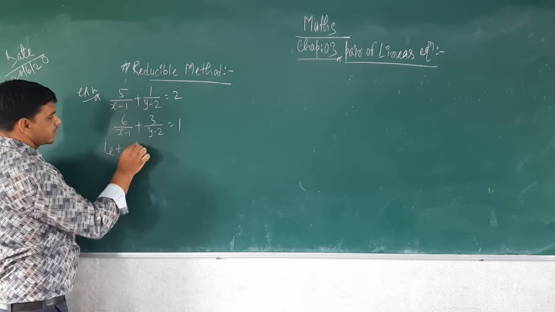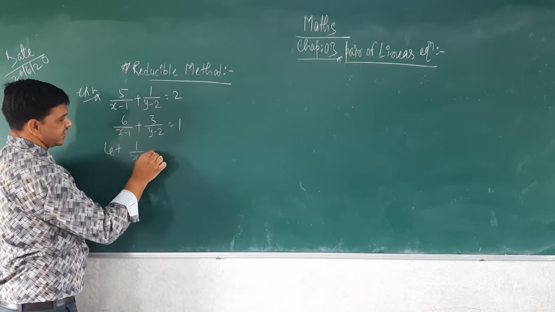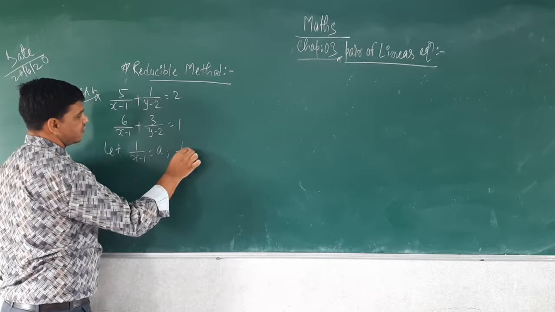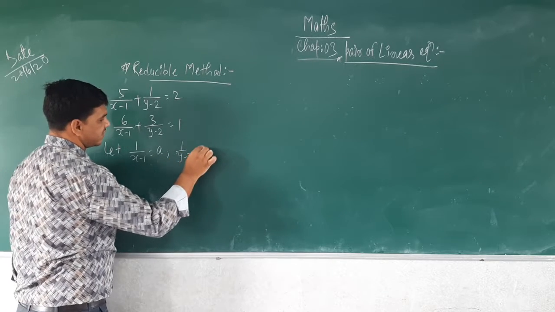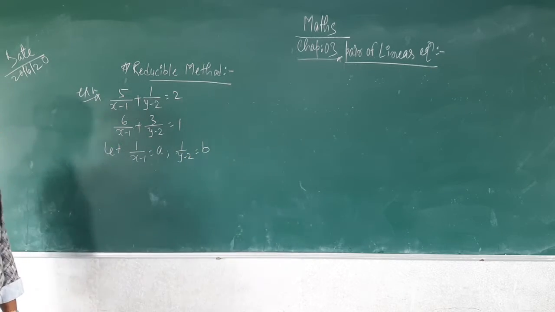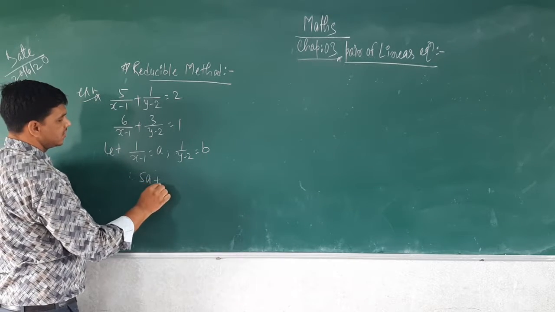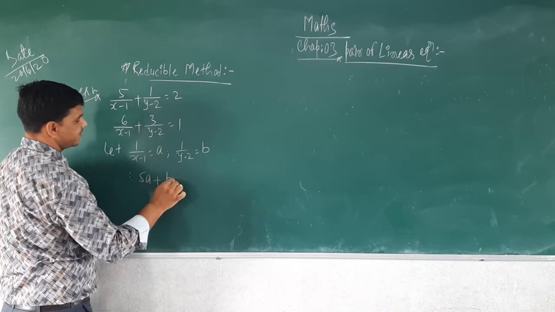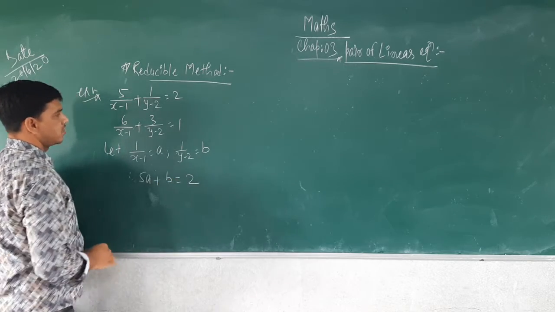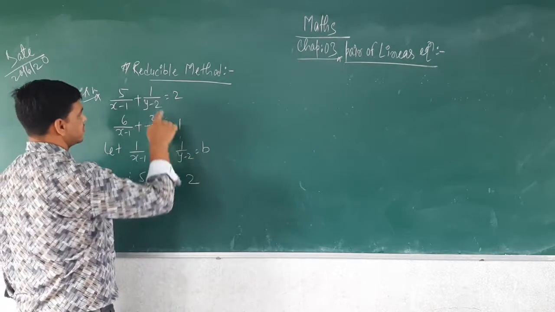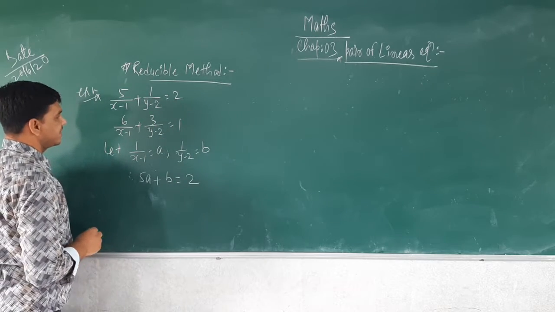So let 1 upon x minus 1 be equal to a and 1 upon y minus 2 be equal to b, that we suppose here.